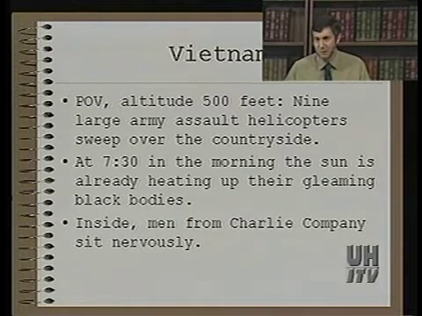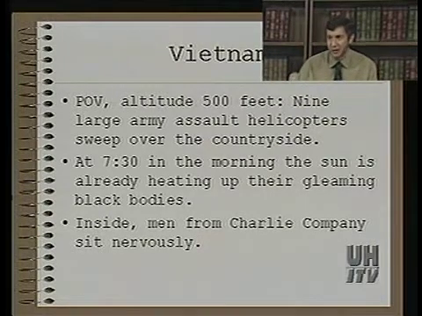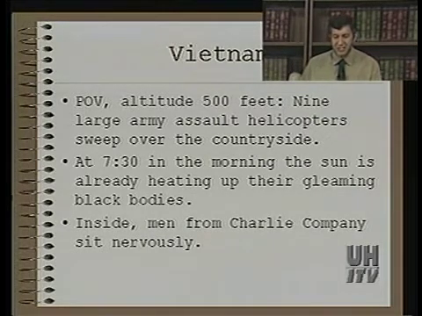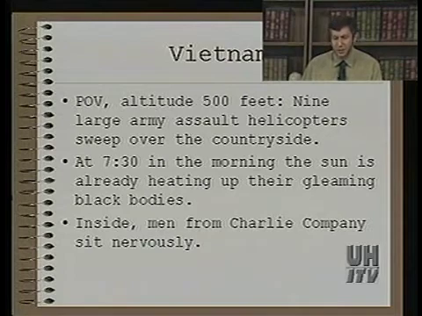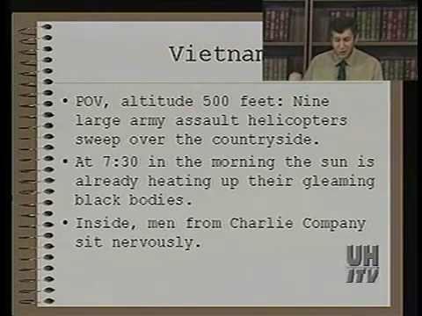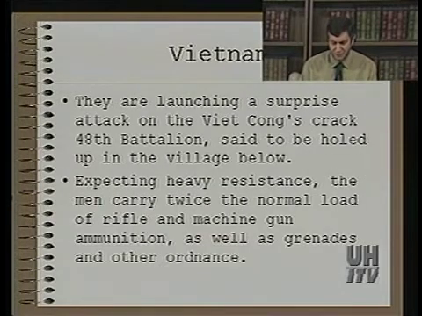Point of view, 500 feet in the air. Nine large Army assault helicopters sweep over the countryside. At 7:30 in the morning, the sun is already gleaming. Inside, men from Charlie Company sit nervously.